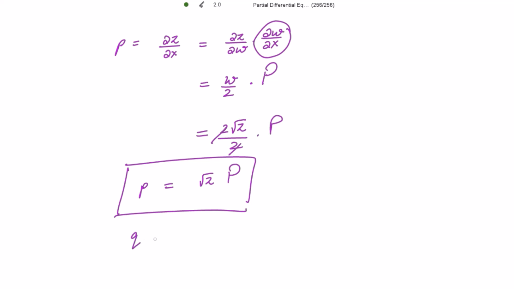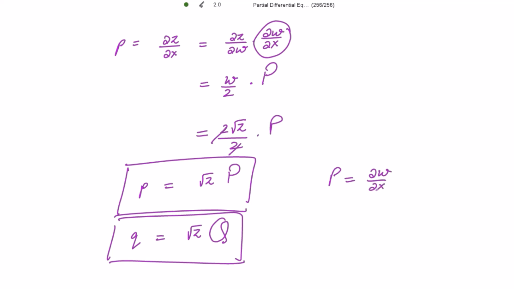Similarly, we can also find small q to be equal to √z into capital Q, where capital P is ∂w/∂x.